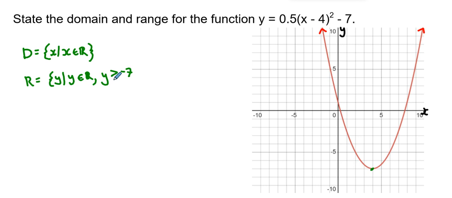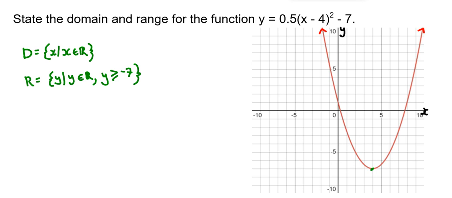So we have to write the equality piece of that, and then we'll close the bracket. So we're saying y, such that y is an element of the real numbers where y has to be greater than or equal to -7. Okay? So we have a bit of a more interesting restriction here than we certainly did with the plain regular straight line.